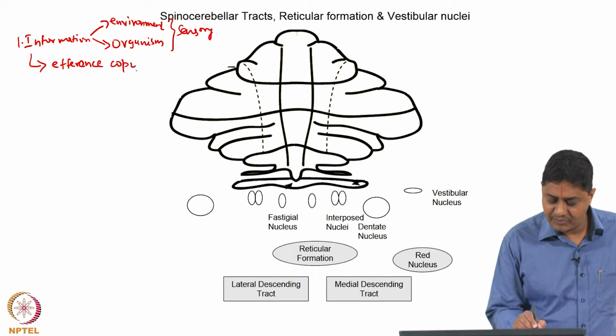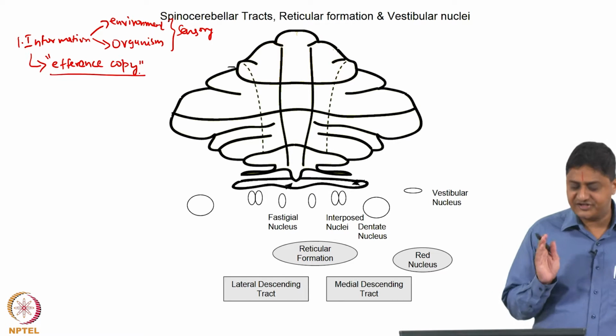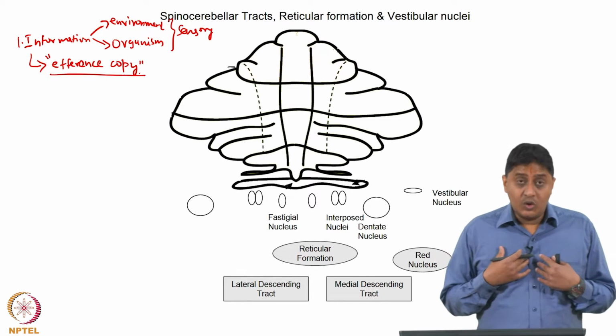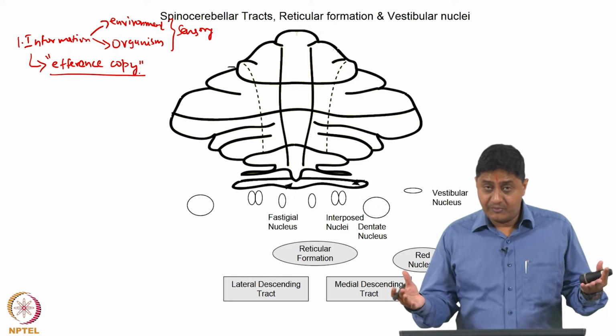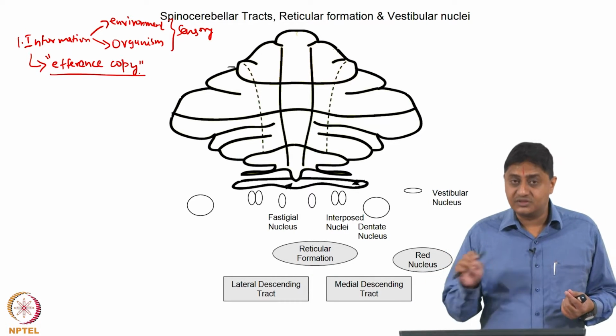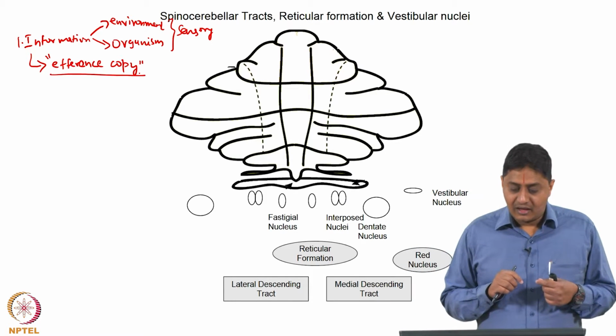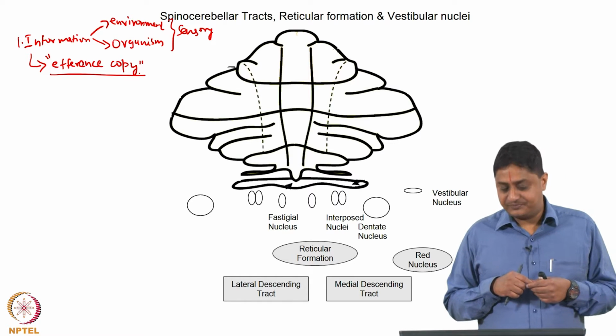This is a crucial principle called efference copy. From this I know not only the state of my body, I also know what is the command that is given to the particular limb or the particular body part or to the particular muscle, for example.